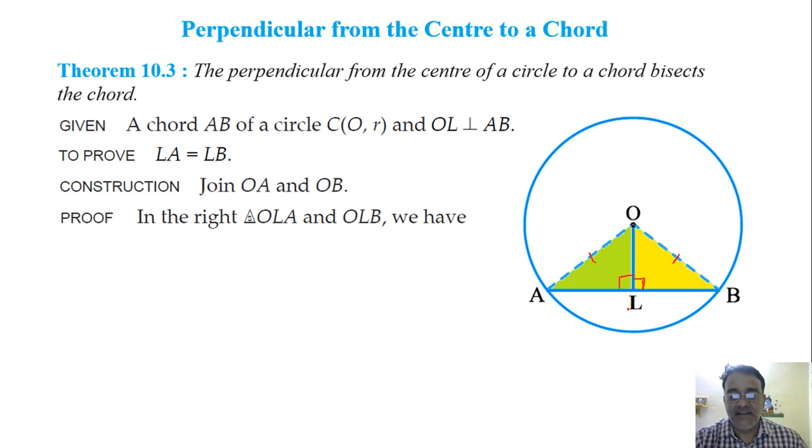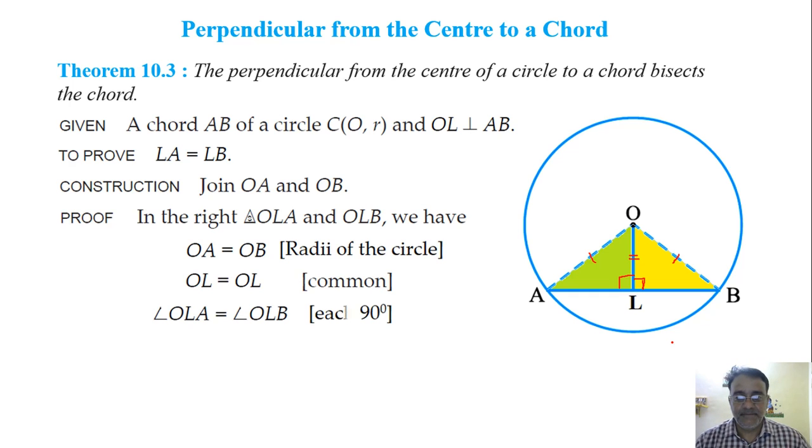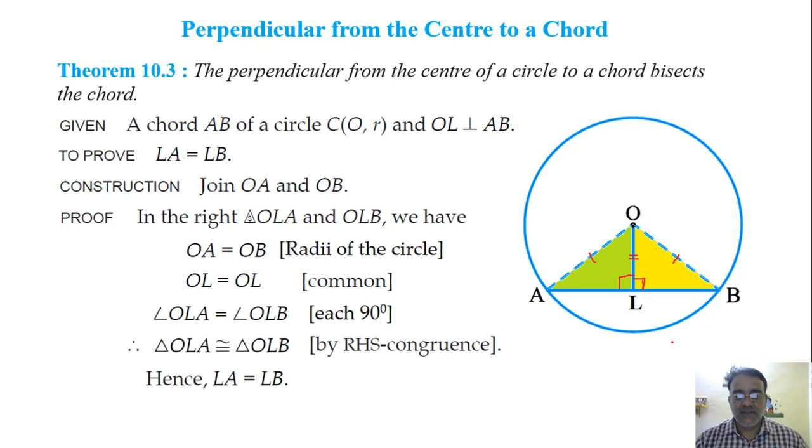Each 90 degree. And OL is equals to OL, common. So these two triangles are congruent by which criteria? RHS criteria. Right, very good. Okay. So AL is equals to LB by CPCT.